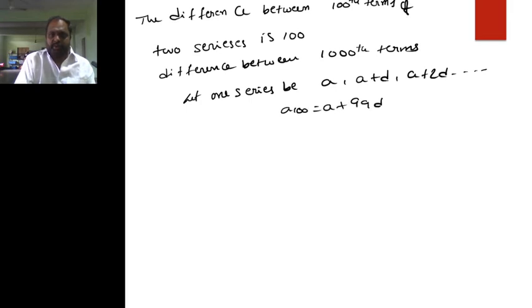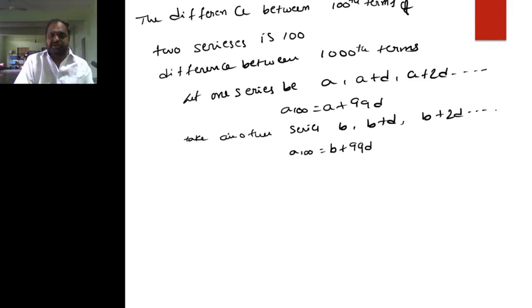Okay. Next, take another series: B, B plus D, B plus 2D and so on. So what is the 100th term? The 100th term is B plus 99D. The difference is given as 100.